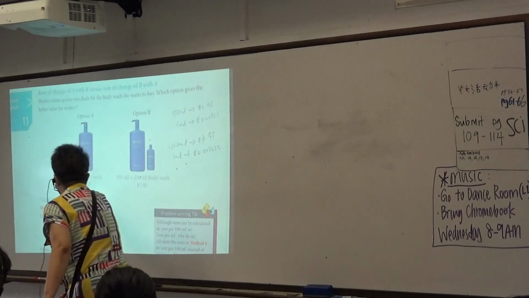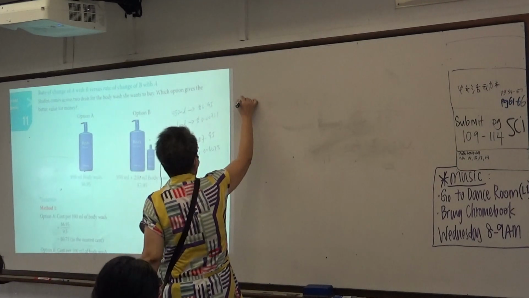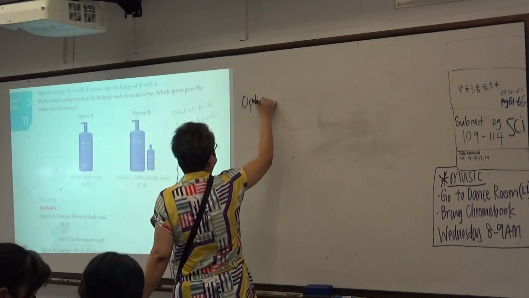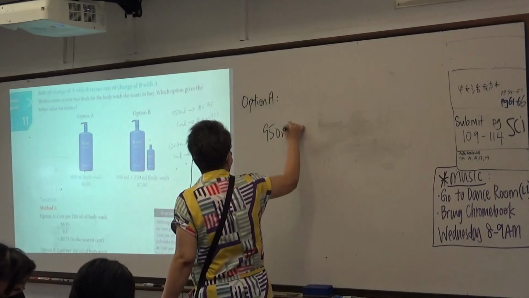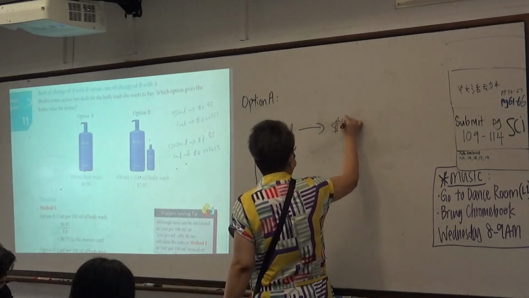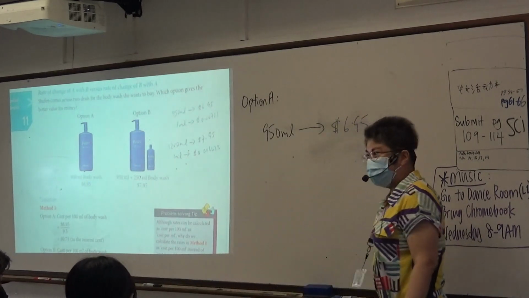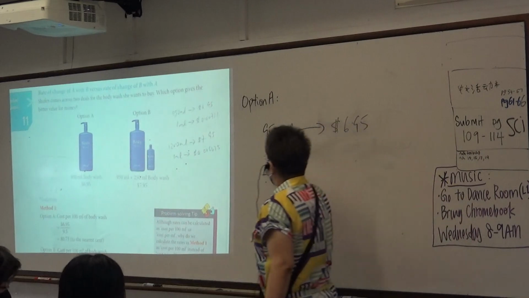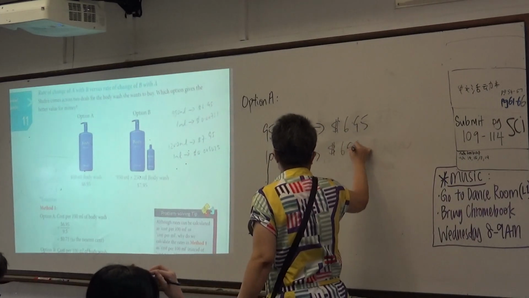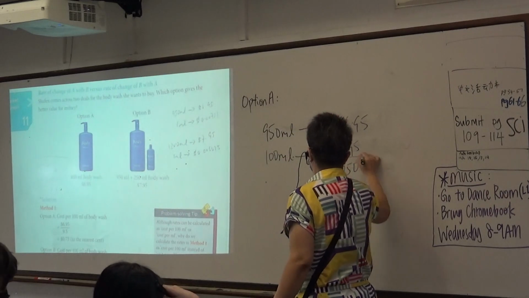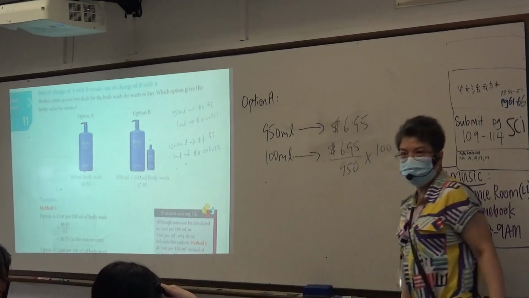Okay, all of you look at this. I'm looking at option A. 950 ml costs $6.95, right? What about 100 ml? It will be 6.95 over 950 times 100, right?